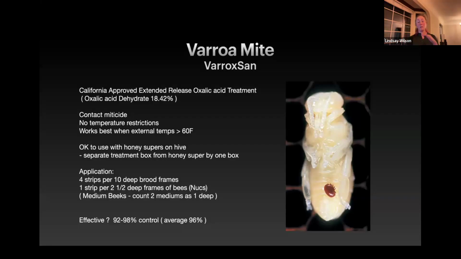If you use medium boxes, like I do, you're going to count 2 medium super sizes as 1 deep. So then you have to do a little bit of extra math there, especially if you're using 8s in mediums, to find out how many brood frames you have in there full of bees and how many strips you should be using.